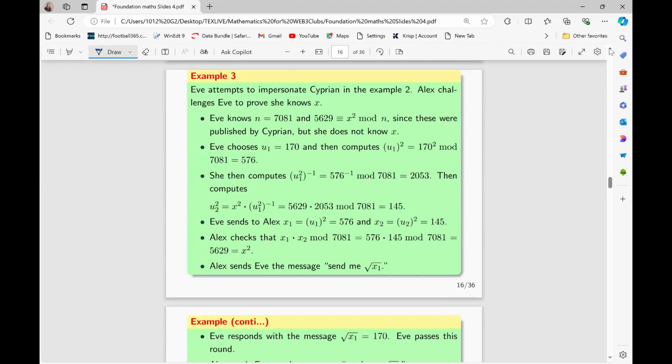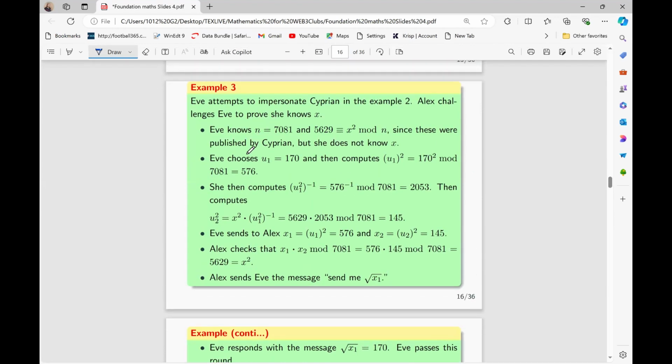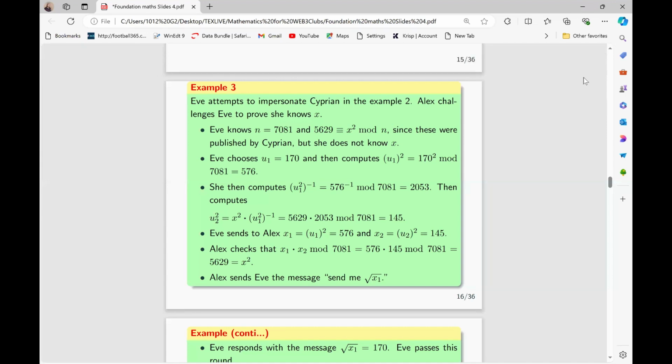The example was here. This was the example, so let me look at it again. It began with example 2, a conversation between Alex and Cyprian.